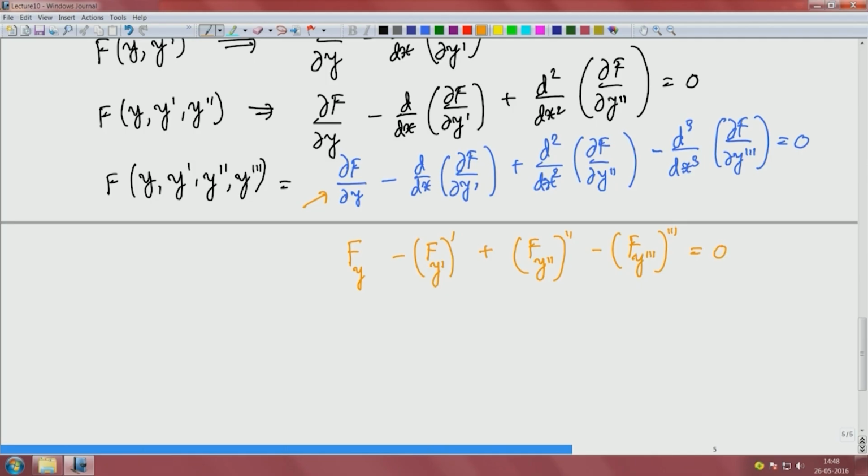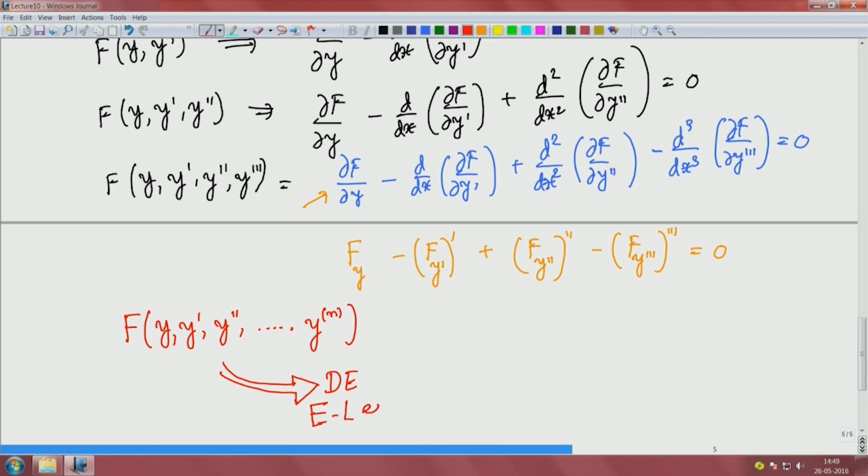Based on that, if we have a functional whose integrand has, let us say, y, y prime, y double prime and so forth up to the nth derivative, which I am writing as y superscript (n) in brackets, then the Euler-Lagrange equation, that is the differential equation for this, turns out to be the following.